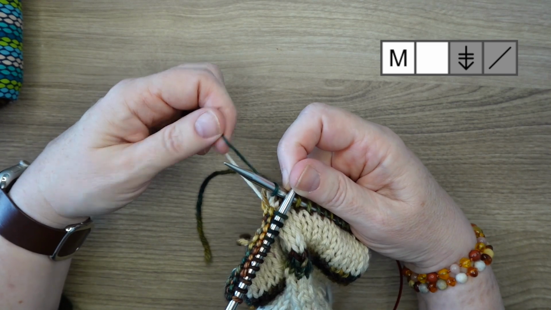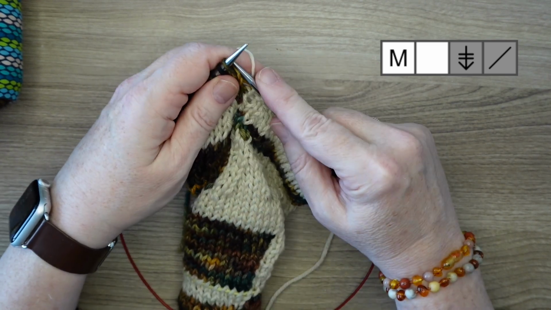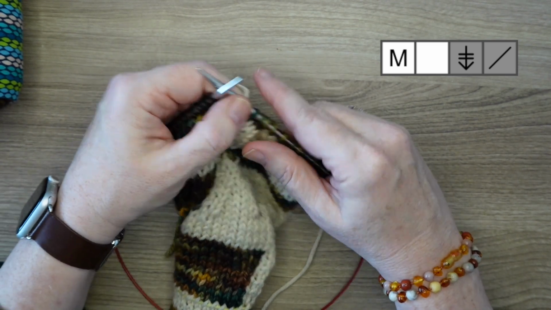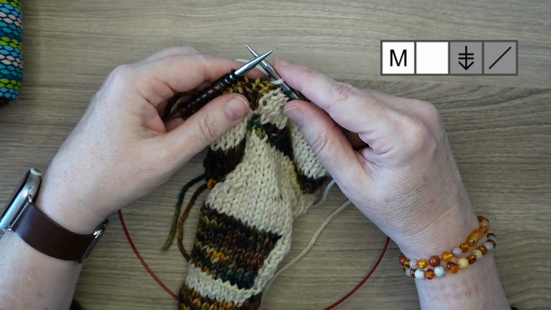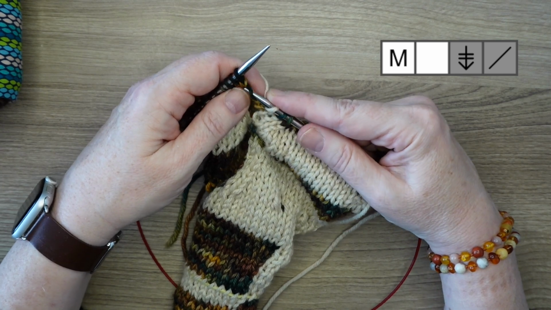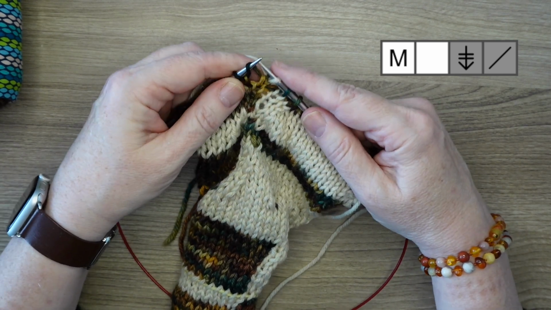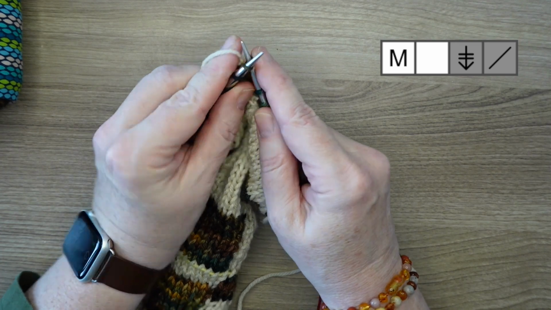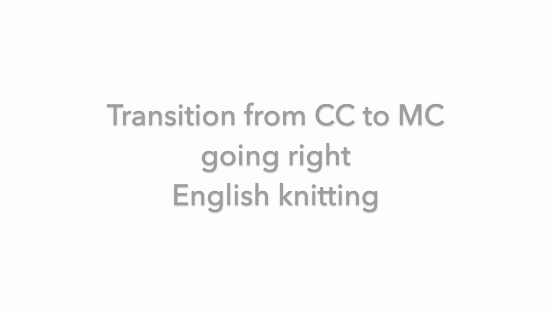I'm going to change color by grabbing my main color from underneath, knit 1 and make 1 by lifting up the strand between the stitches on the needle and knit it, twist it.